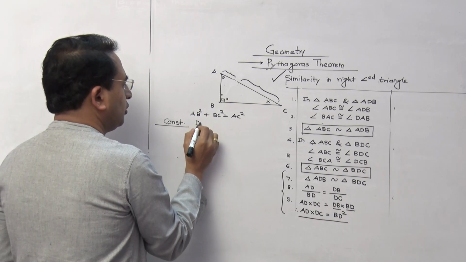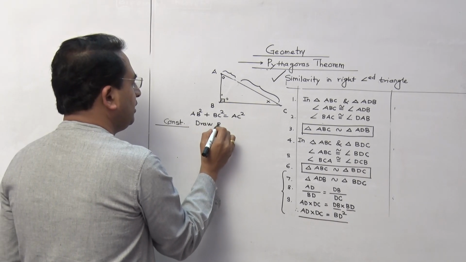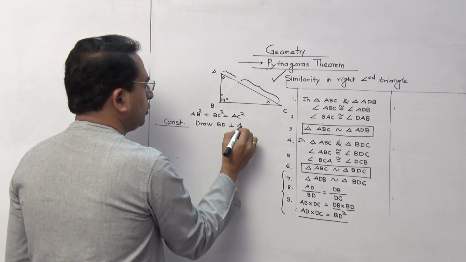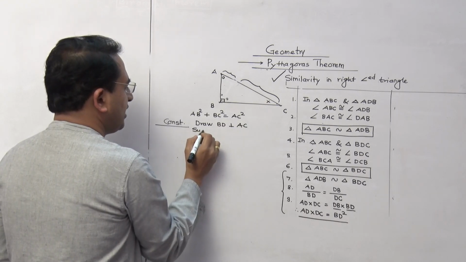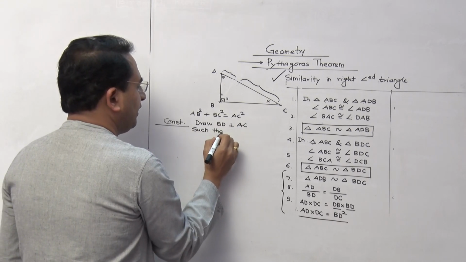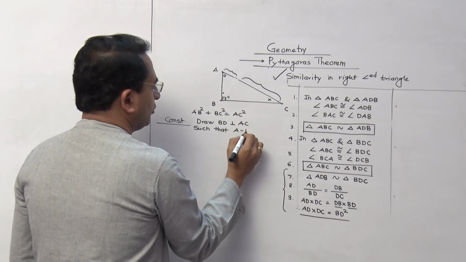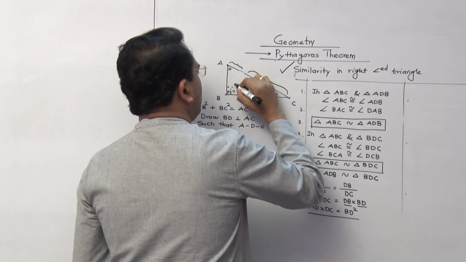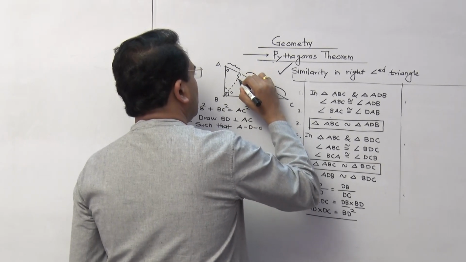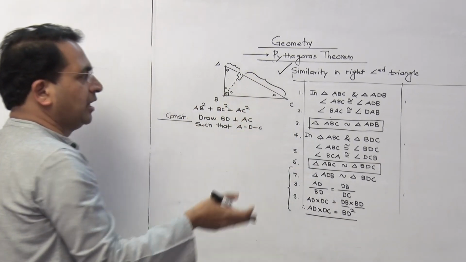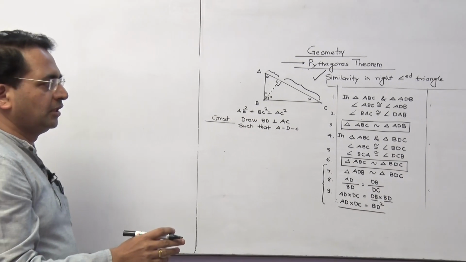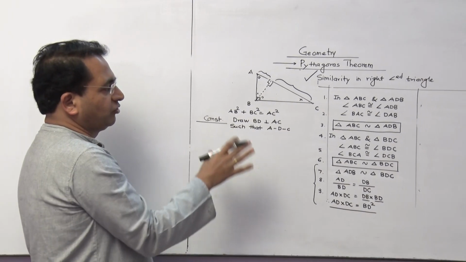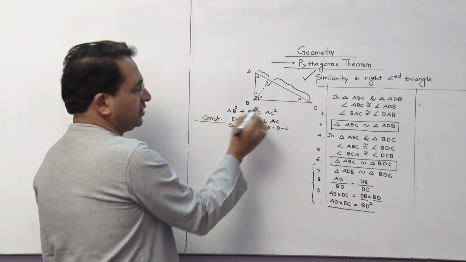Construction: draw BD perpendicular to AC such that we can write A-D-C. This is the only change we are observing here. Then the diagram remains the same. Now I am just making some modification here. We have to prove this.